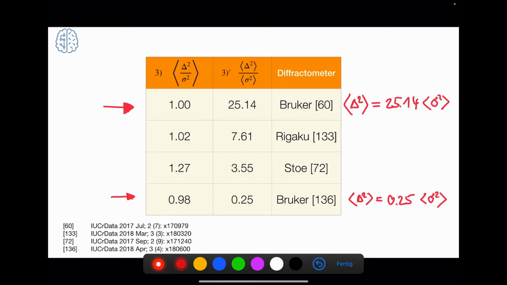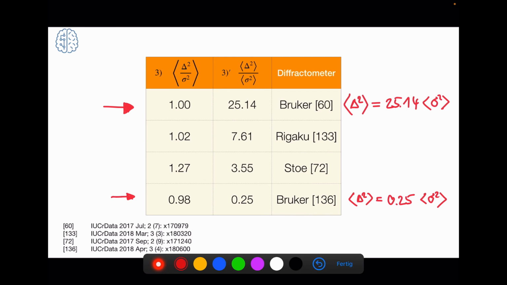The problems we see here are not problems of a diffractometer or a diffractometer type or diffractometer producer. You see that numerical differences between equation 3 and 3 prime occur also with different other diffractometers.